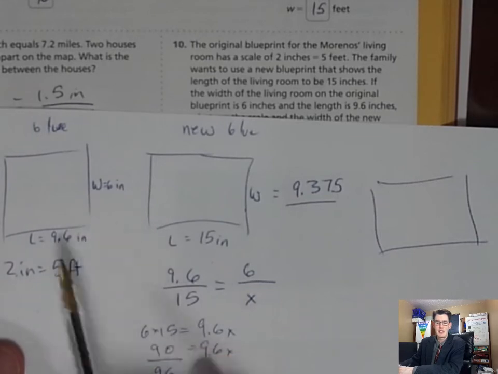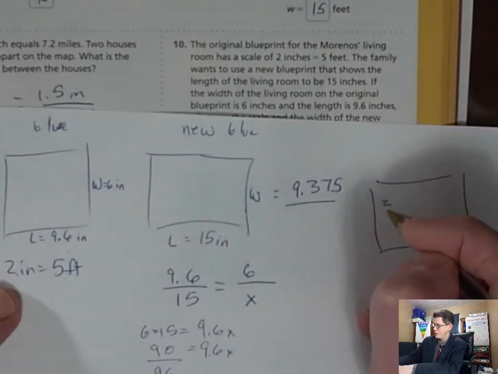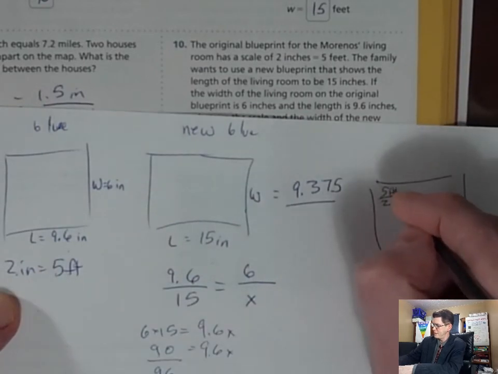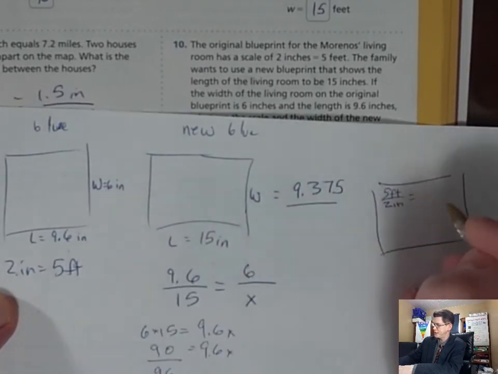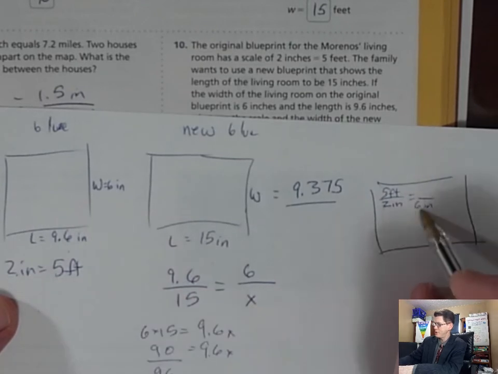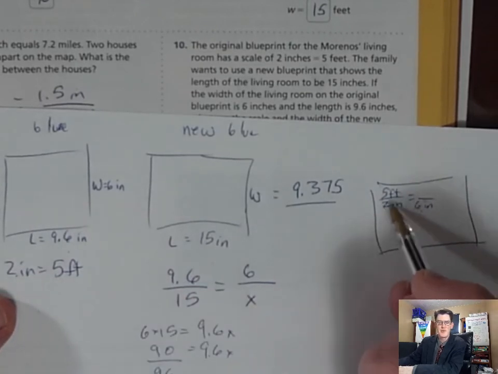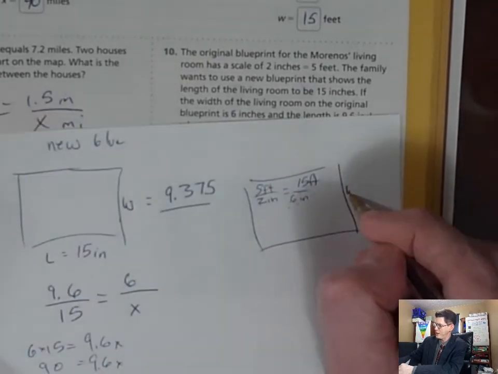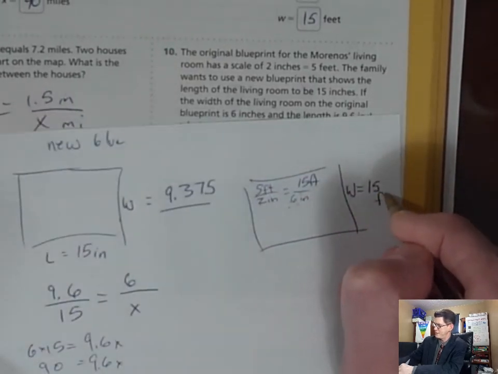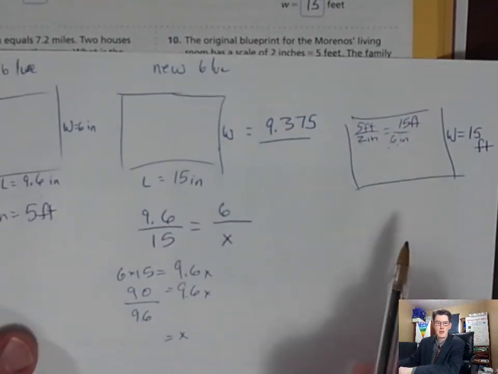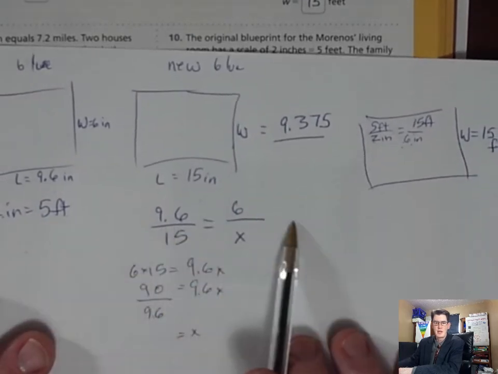So 6 inches on this one: 2 inches is 5 feet, so if this one is 6 inches, then the original, 2 times what is 6, that's 3. And this is actually 15 feet. So the original width right here is 15 feet. And you can do the same thing on the length if you wanted.